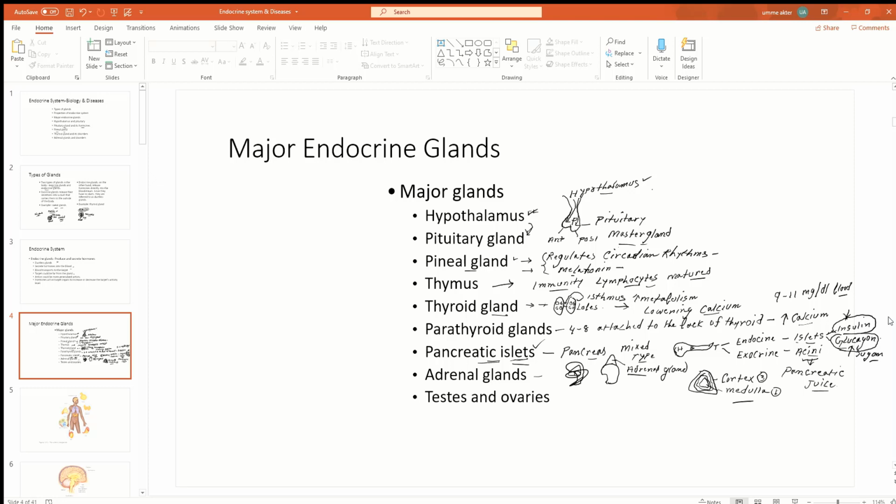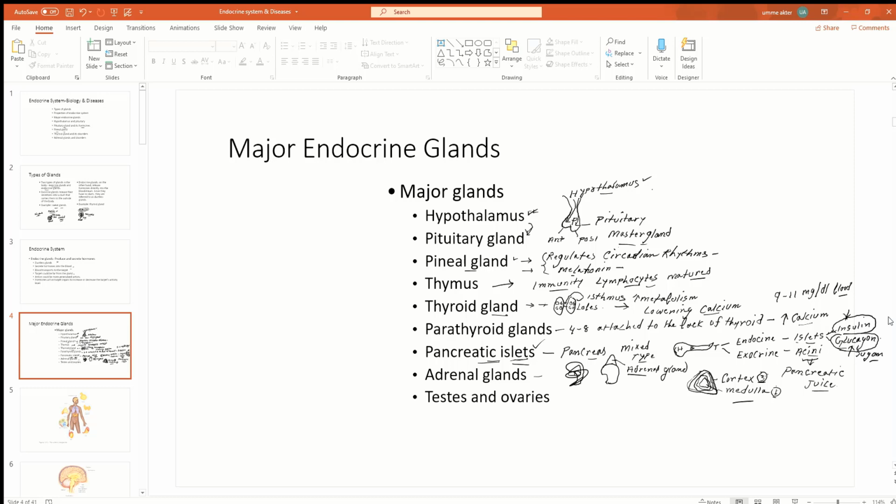So these four work as four separate glands. That's why we say the adrenal cortex is like three glands in one gland, okay, and the medulla is another. So four glands in the adrenal gland.